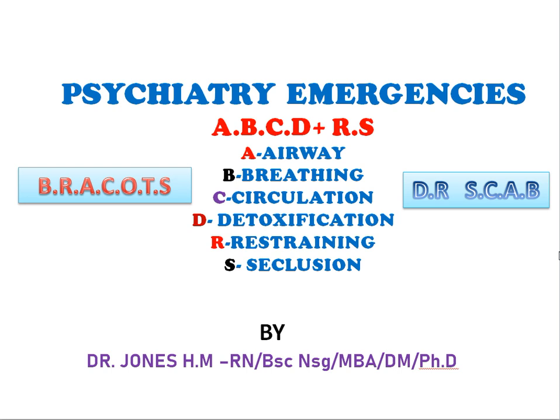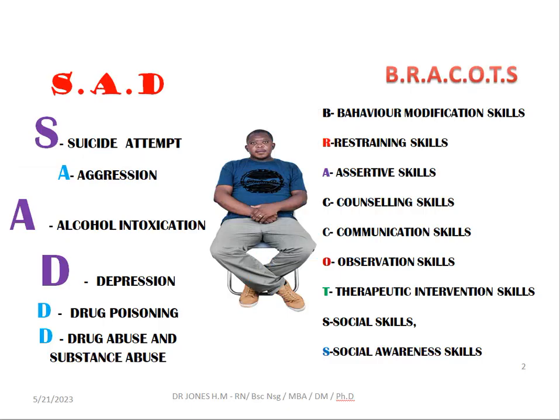Away from this, we can also appreciate the types of conditions that you are going to nurse in psychiatry emergency. So we have SAAD, a mnemonic for suicide attempt as a psychiatry emergency.